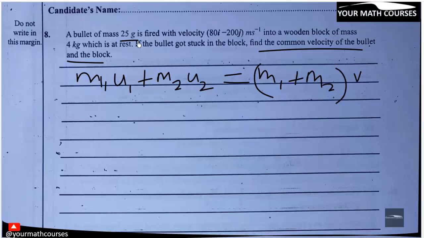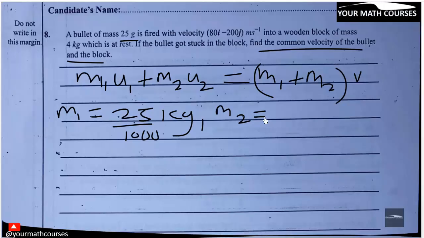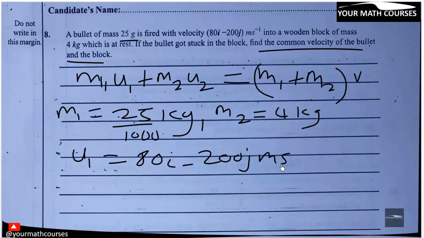So m1 here is equal to 25 over 1000 kilogram. Then m2 will be 4 kg. Then we have u1 to be equal to 80i minus 200j meters per second.